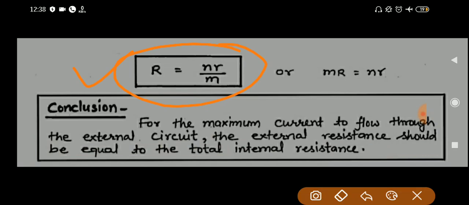From this expression we conclude that for maximum current to flow through the external circuit in mixed combination, the external resistance should be equal to the total internal resistance, that is nr by m.